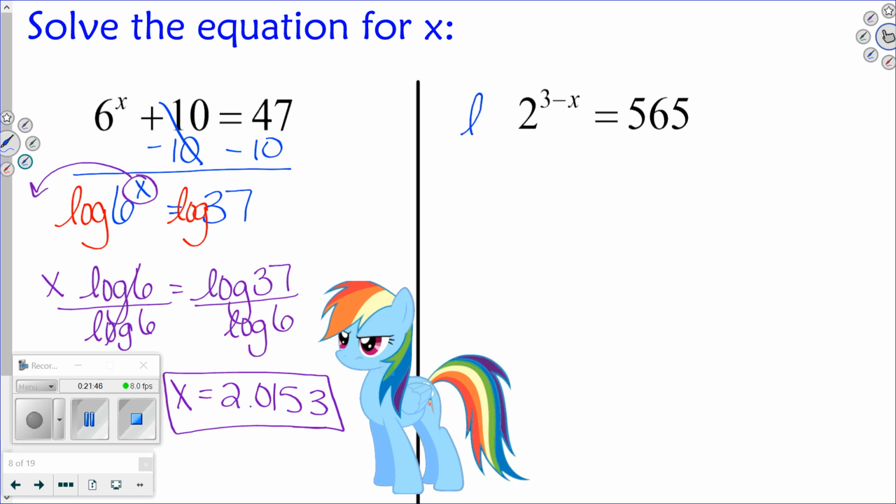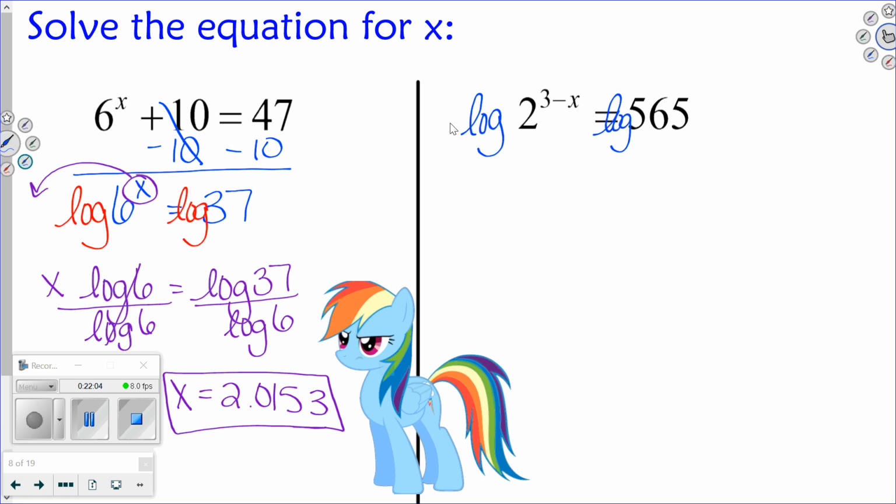So we will take the log of both sides. I literally write log on both sides. Couldn't be any easier. All right, why do I do this? What's it allow me to do then? Good.